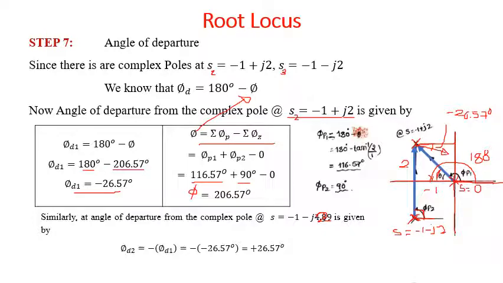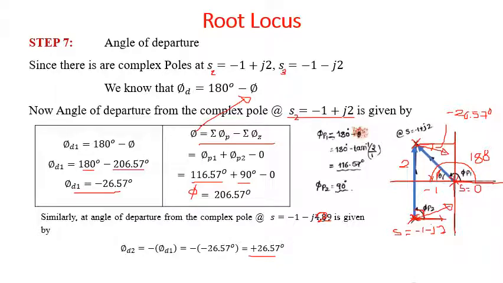It is symmetrical about its axis, so it will be quite similar. Minus of minus 26.57, so phi d2 will be plus 26.57. From this point, we have to measure plus 26.57 degrees, and this is the angle of departure.